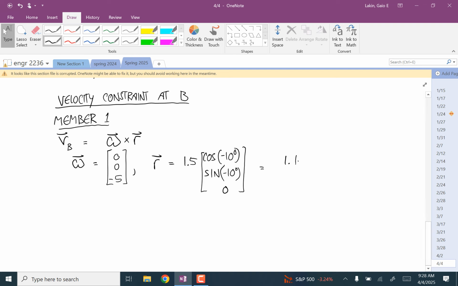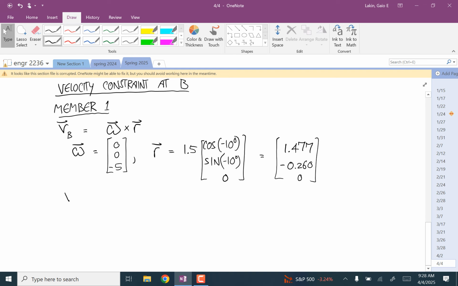And so that's 1.477, negative 0.2600. So the velocity of B, according to member 1, is 0, 0, negative 5, crossed with 1.477, negative 0.2600.